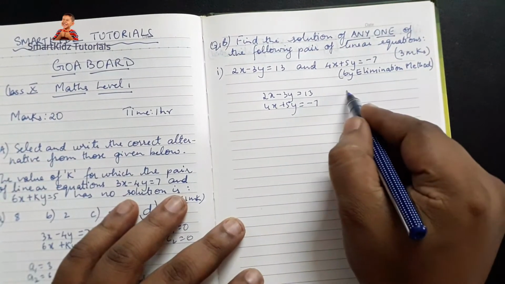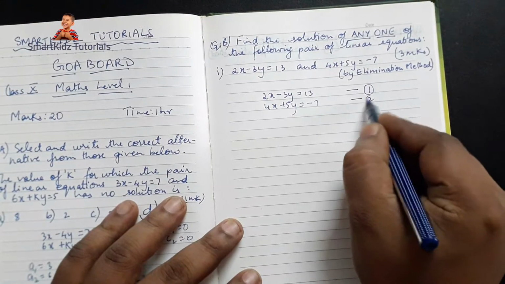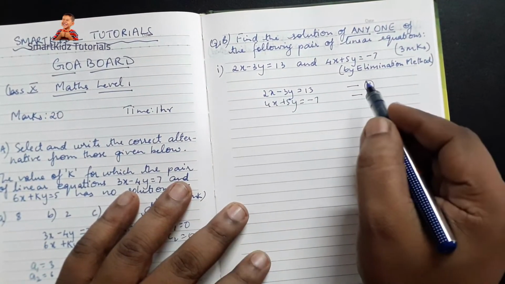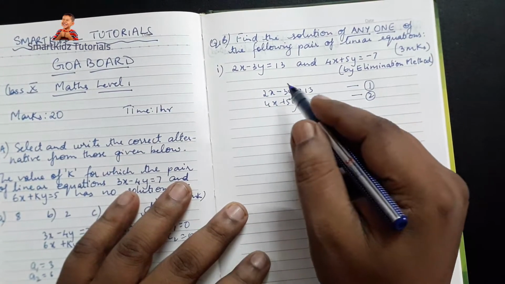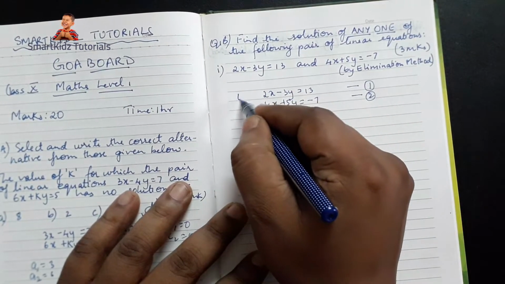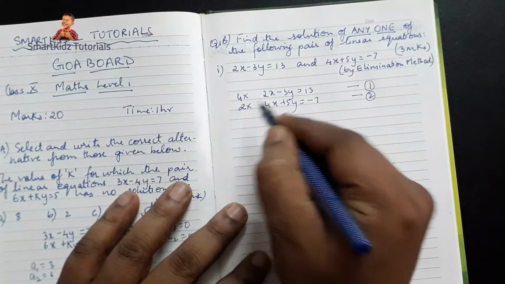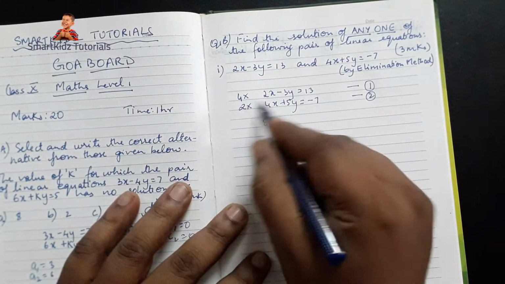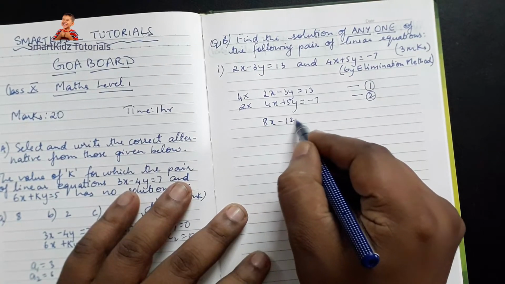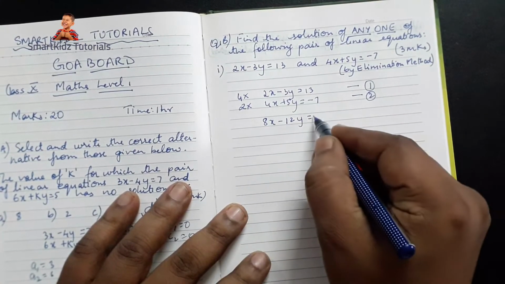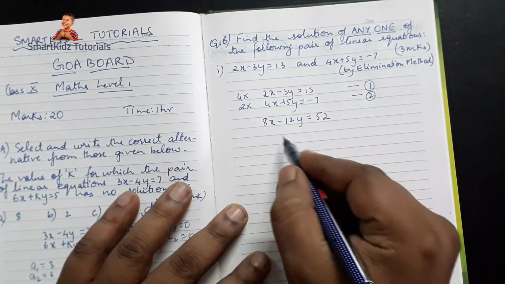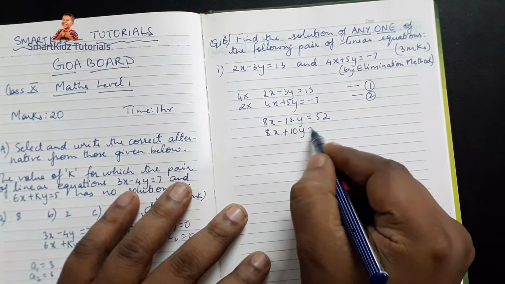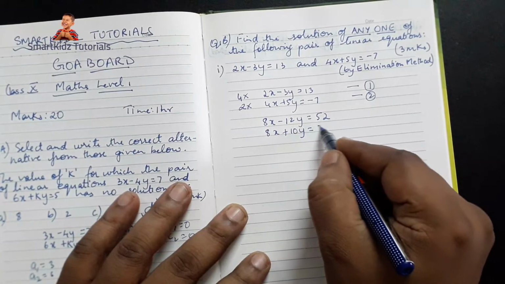For elimination, we mark this as equation 1 and equation 2, and since we want to eliminate, I'll look to eliminate x first. So I'll multiply equation 1 by 4 and equation 2 by 2. We get 4 into 2 is 8x minus 12y equal to 13 into 4, which is 52, and 2 into 4 is 8x, 2 into 5 plus 10y equal to minus 14.